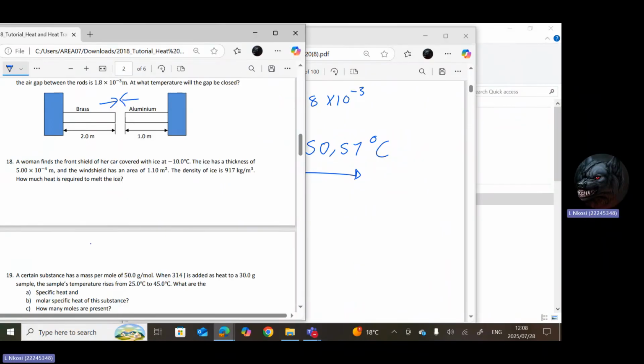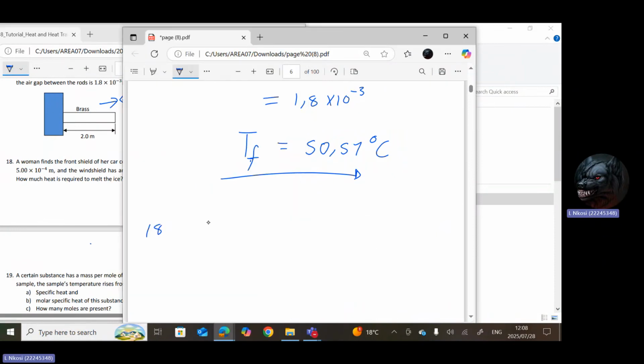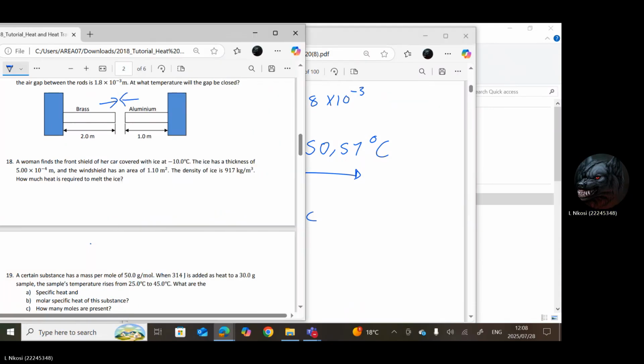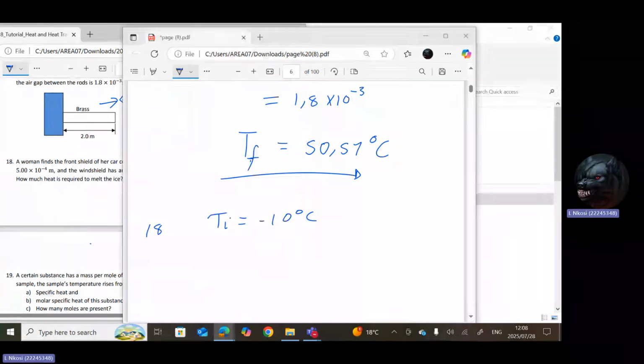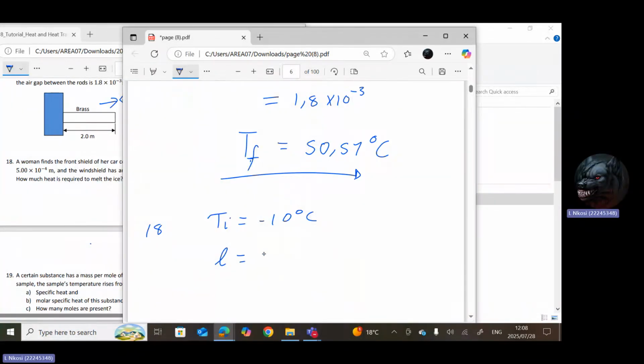A woman finds the windshield of a car covered with ice. So we have ice at a temperature of minus 10 degrees Celsius. The thickness of the ice is 5 times 10 to the minus 4 meters, and the area of the windshield is 1.1 meters squared.